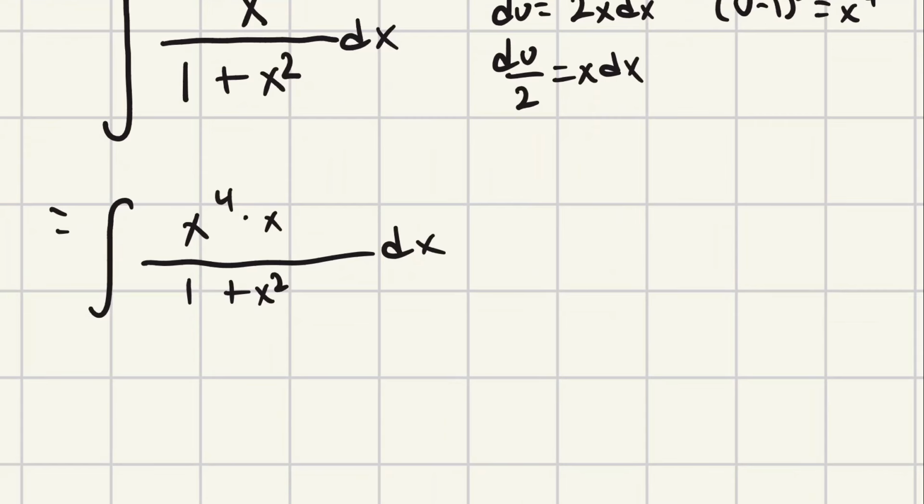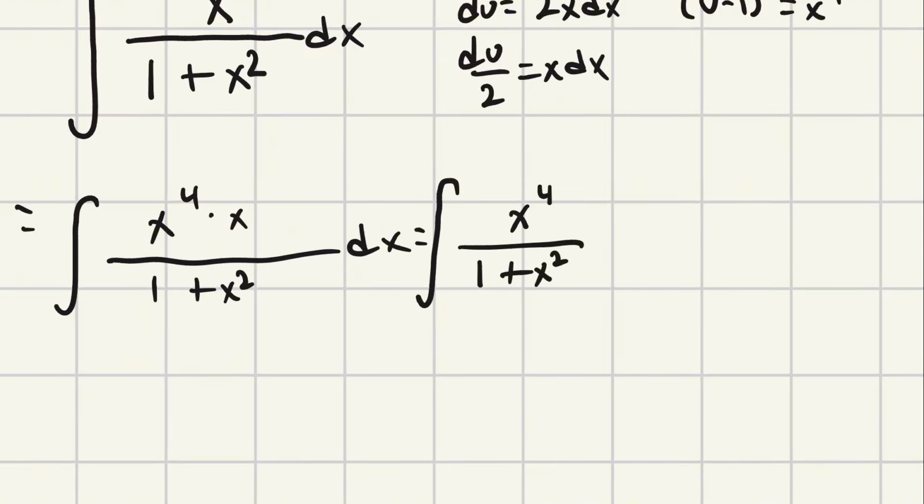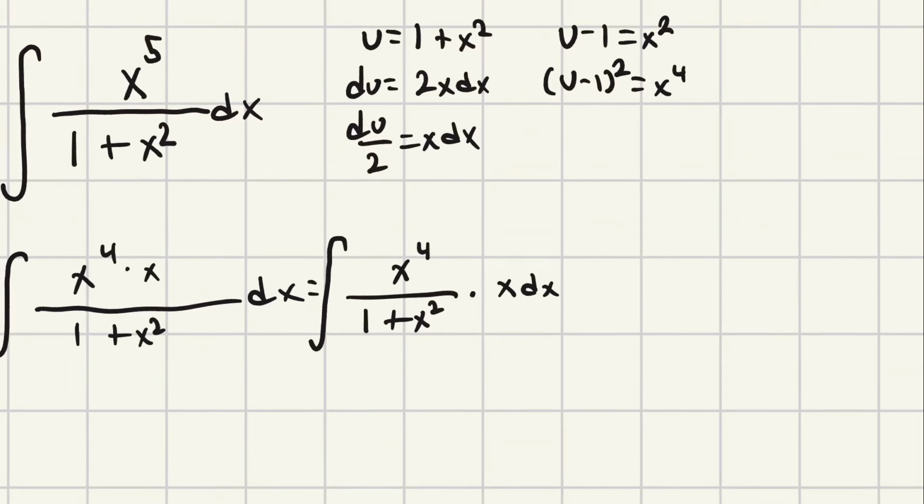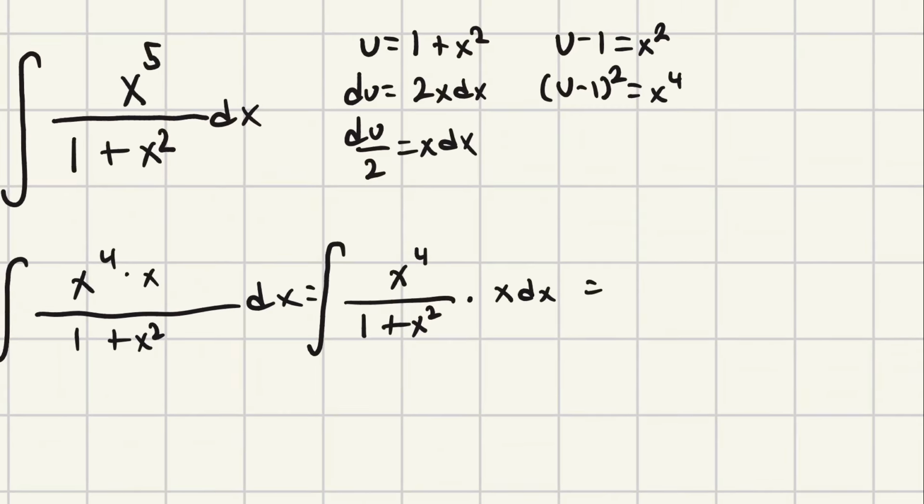And now we can rewrite our integral just one more time to make it clear. x to the 4th over 1 plus x squared, right, times x dx. This is still correct to write it like this, right? And now let's replace. We know that x to the 4th is going to be equal to what? u minus 1 squared, right?